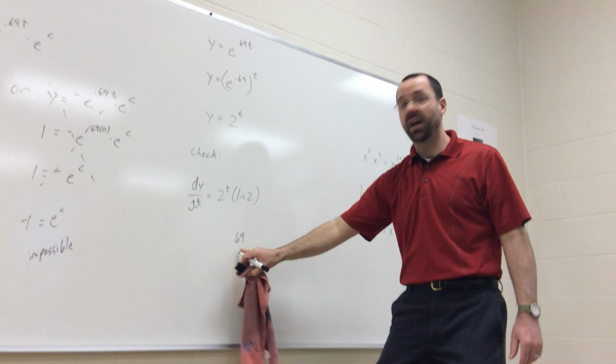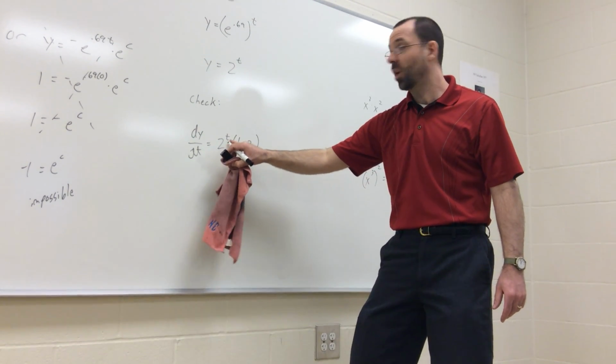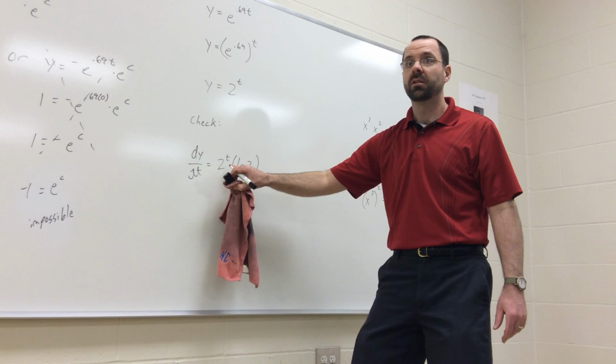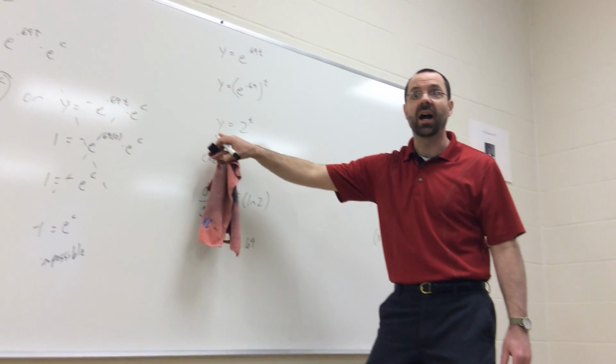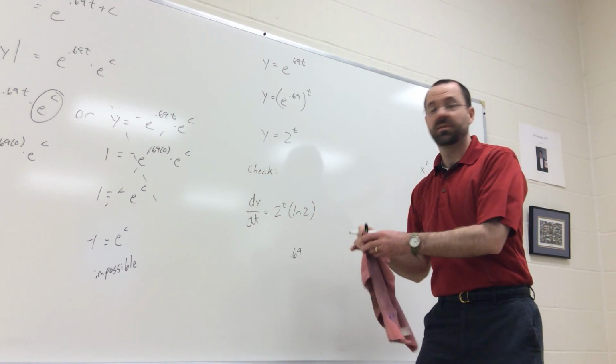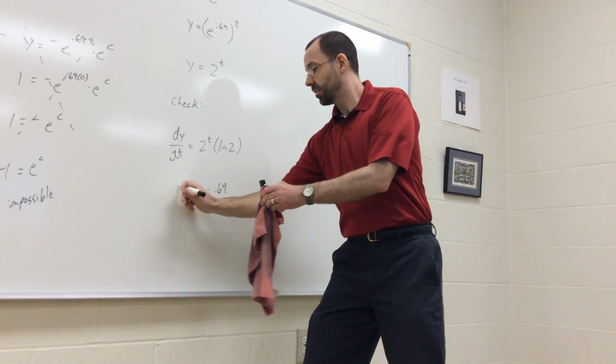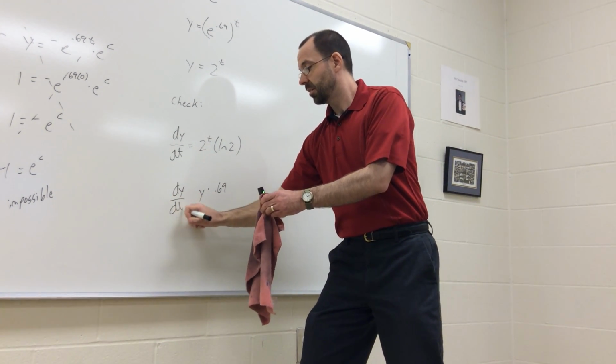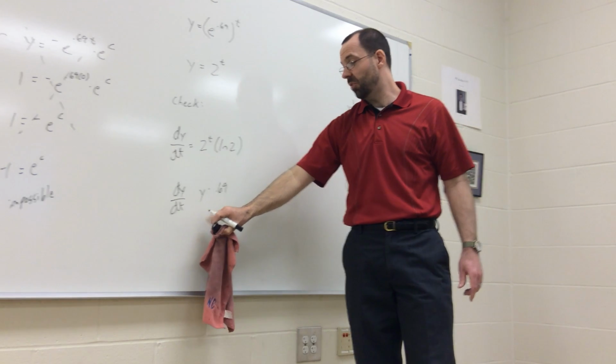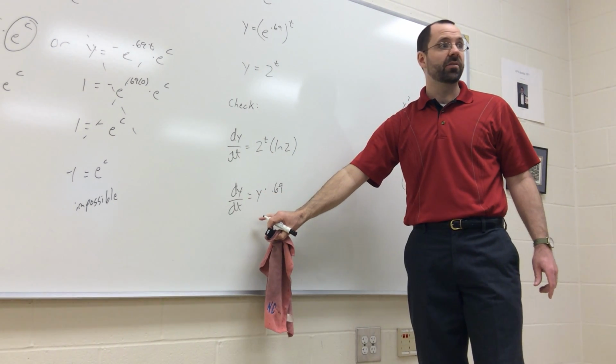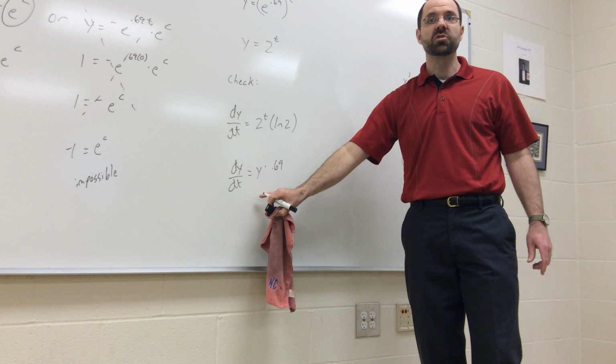Okay, so there's 0.69. And 2 to the t, what's that? It's y. So it is matching up with my differential equation that I started with, right? So we solved correctly.